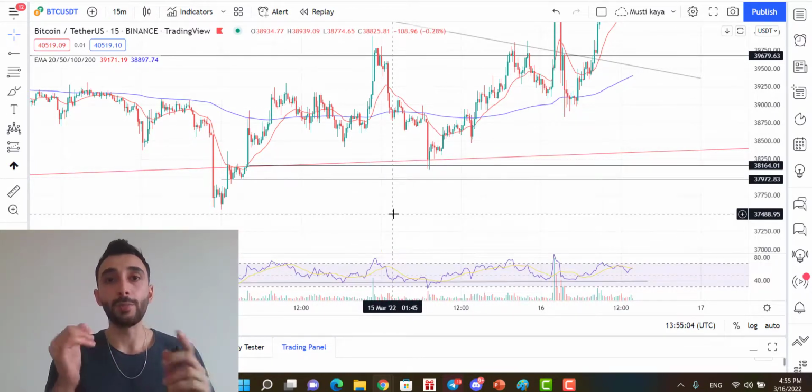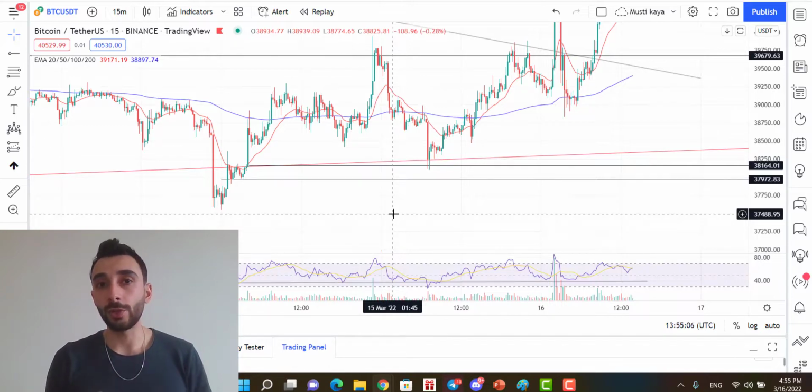The point is being patient, not over trading, and not emotional trading. This is the whole thing. You just have to follow simple rules. You have to know when to take your trade, and follow simple strategies and simple indicators such as RSI and 200 EMA, which is nothing simpler than that.